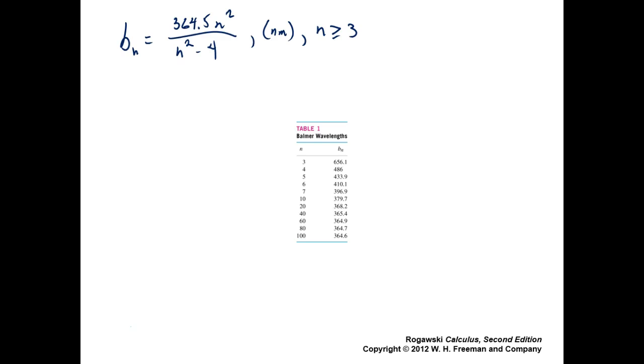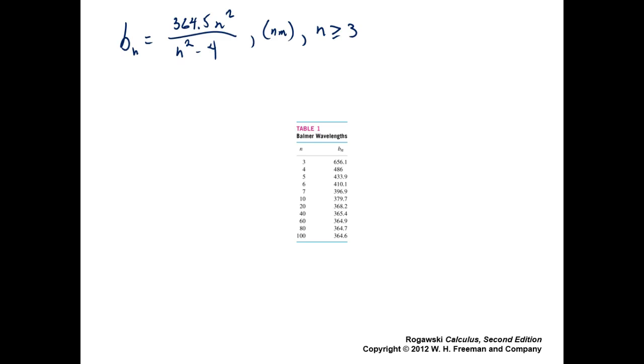And then you could do 4. So that would be 364.5 times 16 divided by 12. It probably won't come out exact, but it might. I don't know. 486. Does it have a decimal or not? No, it comes out exact.